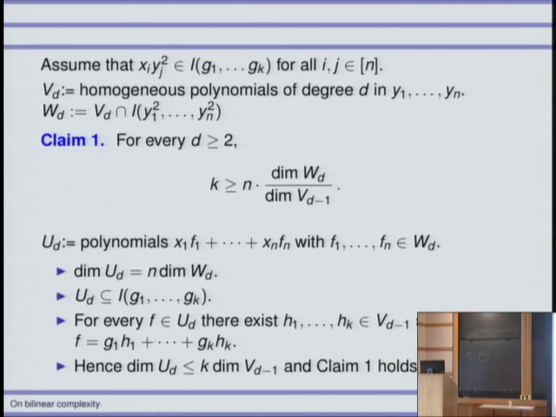Remember that those g1 through gk are fixed, so this indeed is a linear map. Every h1 through hk defines some polynomial f, so it's a linear map from Vd minus 1 to the k to Ud, which proves the first claim.